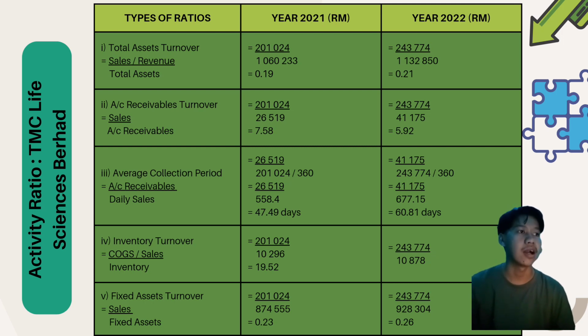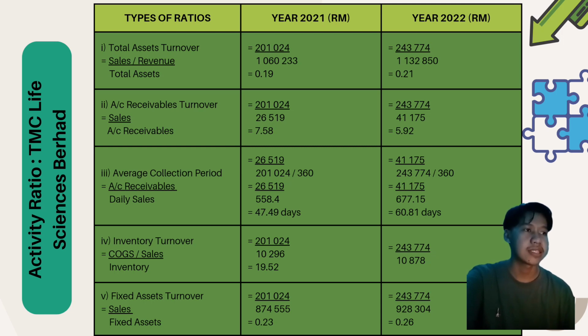It is just around 0.02, so it is more effective in generating sales. The trend of account receivable turnover of TMC Life Sciences decreased in 2022 to 5.92 from 7.58 in 2021, a decrease of 1.66 in that year.